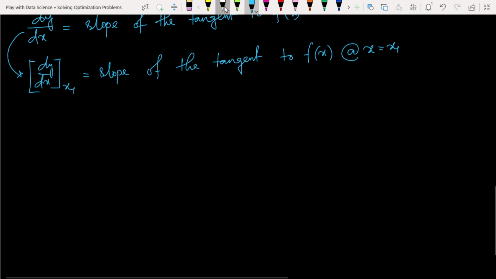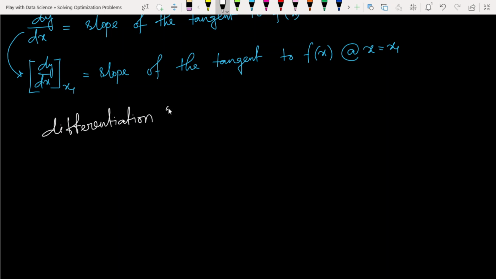So now, differentiation. This concept arose in the late 1600s. This concept was independently given by Newton and Leibniz.